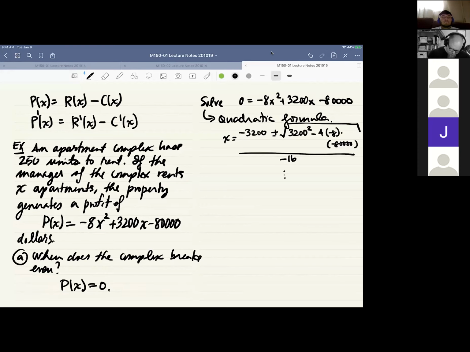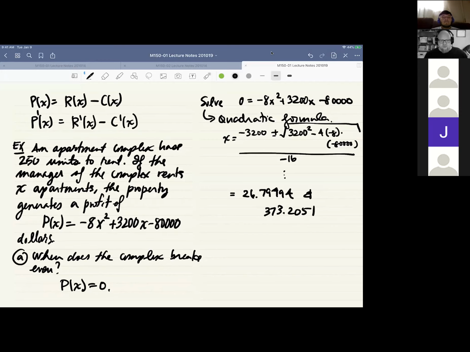Then if you do the work, you get two answers, 26.79494 and 373.2051. Those are the two answers from the quadratic formula.